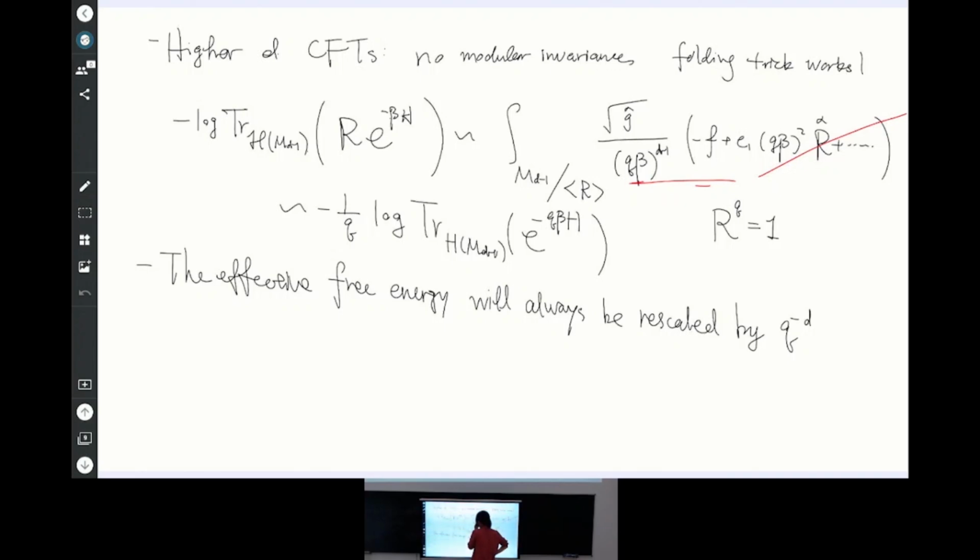That's like, okay, I'm just translating the spin refined partition function into a statement about density of states, but I don't see why it directly tells you the rescaling factor should be q to the power -d.